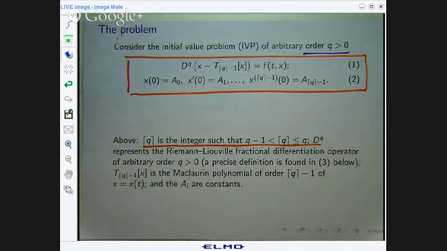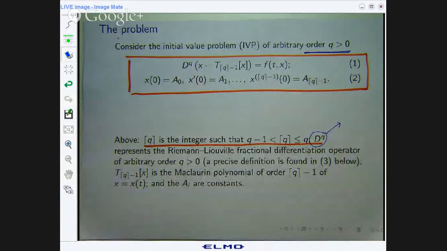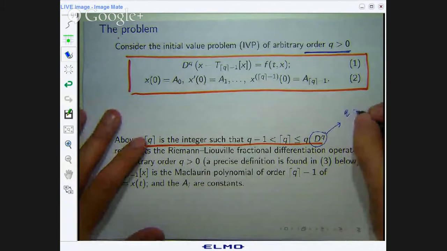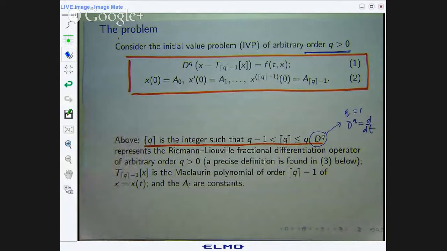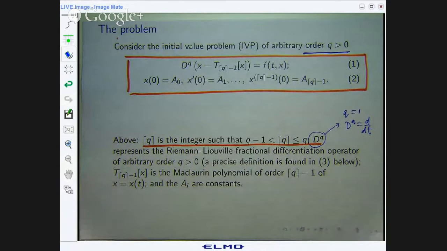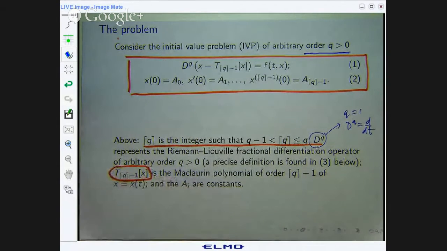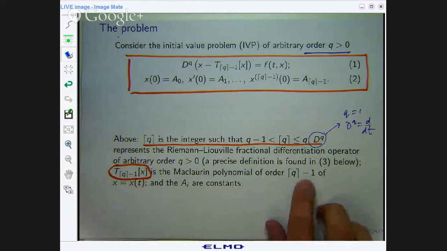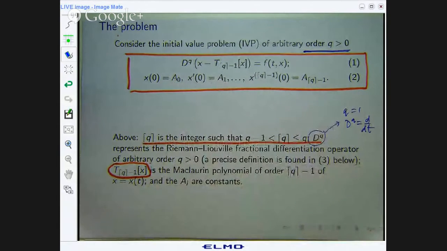D^q is the fractional differentiation operator. Now if q equals 1, then D^q is just the regular derivative that you would see from calculus. This function is the Maclaurin polynomial of x of this order, and the a_i are just constants.